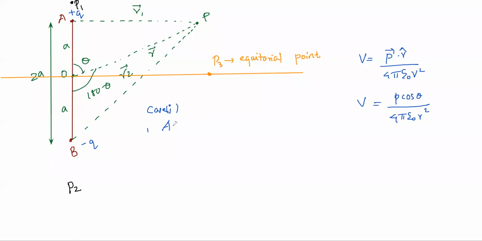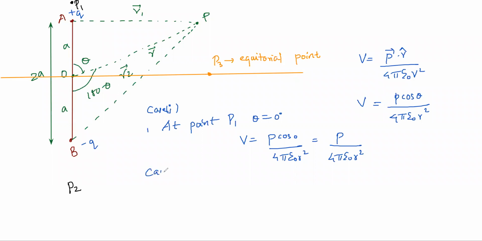So case 1. At point P1, theta will be 0. So the potential is nothing but p cos 0 by 4 pi epsilon naught r square. Cos 0 is 1, so we have p by 4 pi epsilon naught r square.